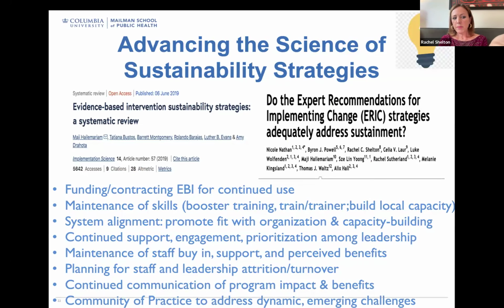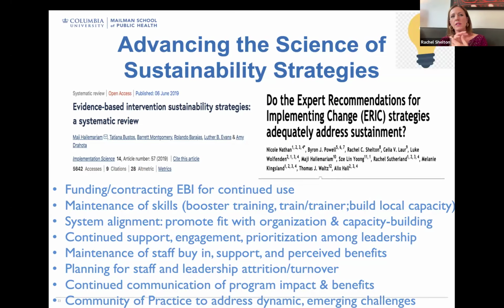There might be things that we might think about to support sustainability, like revisiting MOUs or funding or contracting with leadership at organizations to sustain a program. So just because you have an initial contract, if the leadership changes, right, we might need to re-engage what that looks like and what the expectations are. Also issues around succession planning.